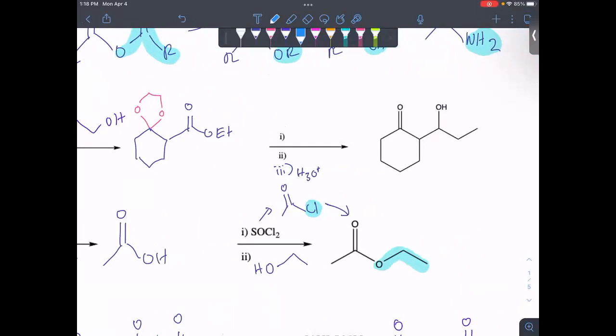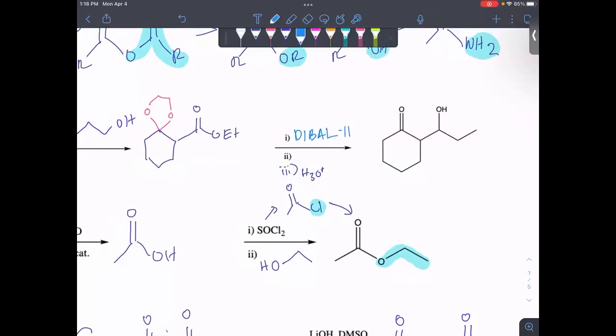So the way to get an aldehyde from an ester is to use DIBAL. I'm pretty sure it's only DIBAL. The other weak reducing agent is for acid chlorides.